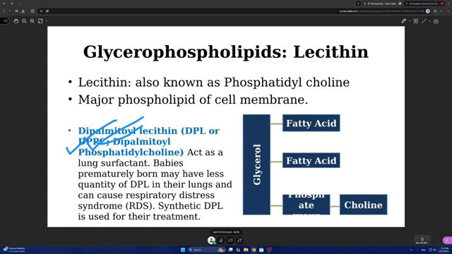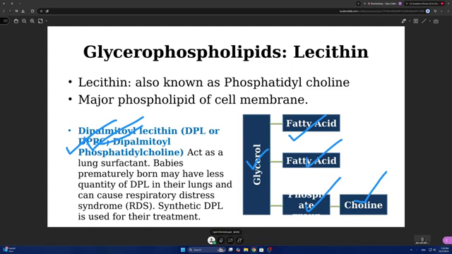So in case of deficiency, premature babies are prone to having respiratory distress syndrome. So we have to treat them with the synthetic form made in the industry, the dipalmitoylcholine. So what is exactly dipalmitoylcholine? It is two palmitic acids attached with a phosphate and choline to a glycerol.